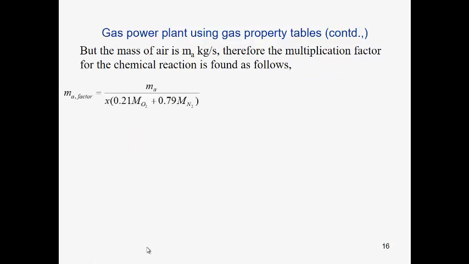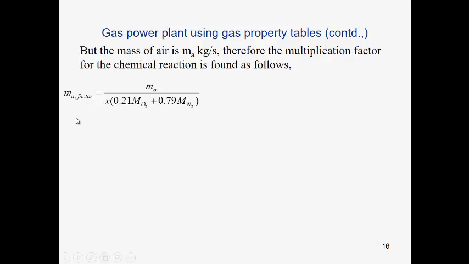In this equation, MA is the mass of air in kg per second. Therefore, a multiplication factor is required in the entire chemical reaction to find the values in SI units, that's especially in kg per second, joules, kilojoules, kilowatts, and so on.